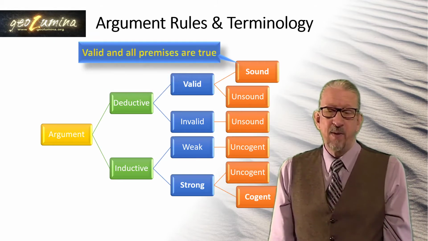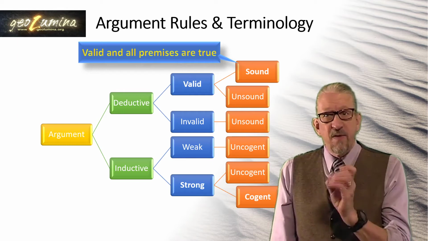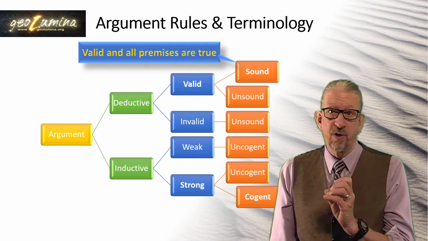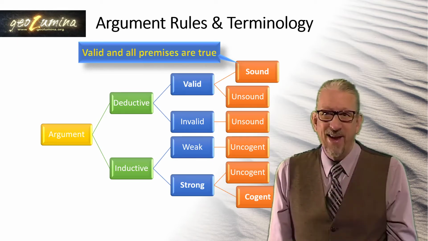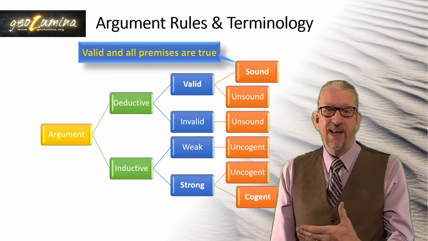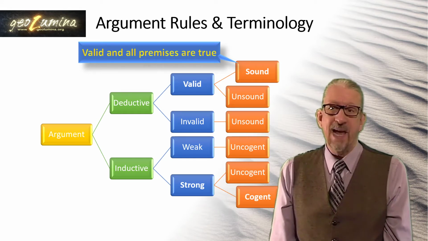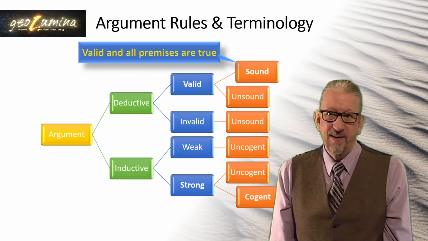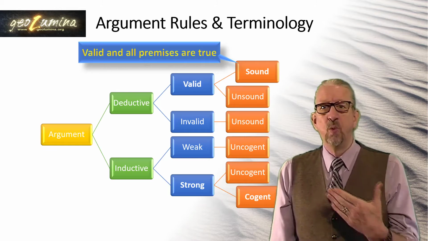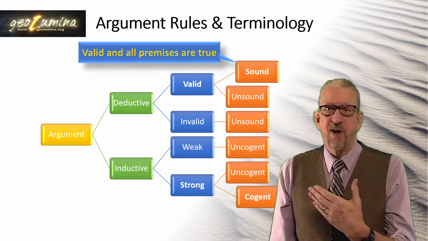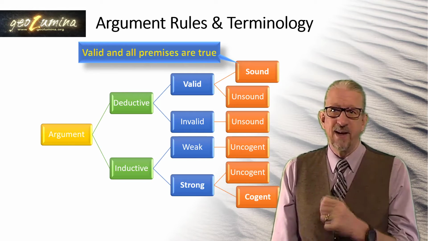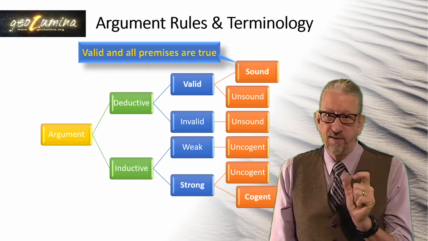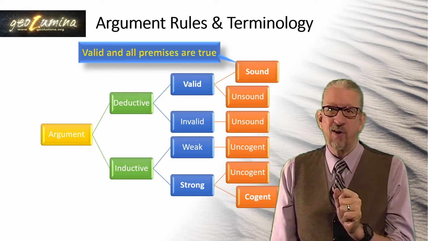The next step in the process then is to say not if they are all true, but are they all true? And if they are all true, not only is it valid, it is also a sound argument. So these are the rules of the logic of science, of deductive reasoning, and they're very strict rules about how we make these arguments.